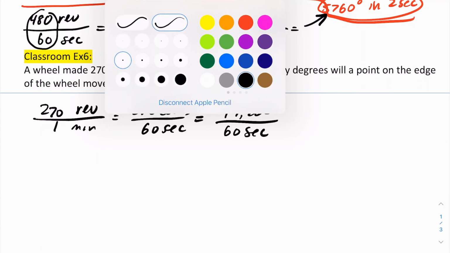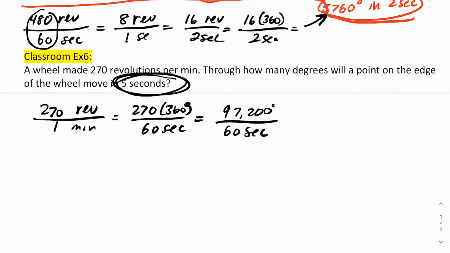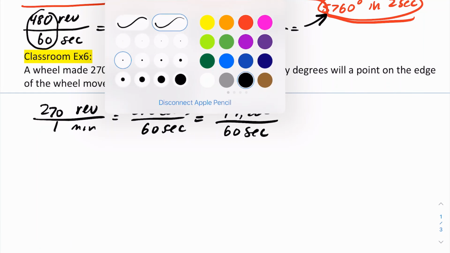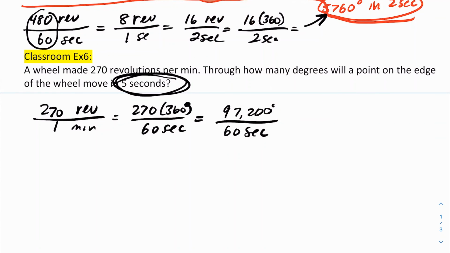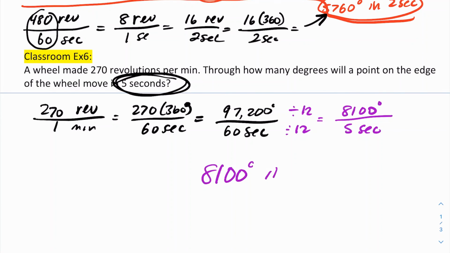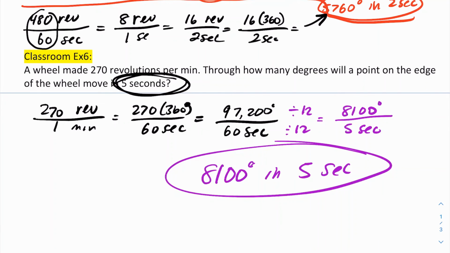Because they want us to figure out in 5 seconds, you can divide them by 60 and then multiply by 5. Or I'm going to divide top and bottom by 12, because I know that 60 divided by 12 is equal to 5. So if I divide the top and bottom by 12, then I will get 8,100 degrees in 5 seconds. And that's it for the first section of the year.